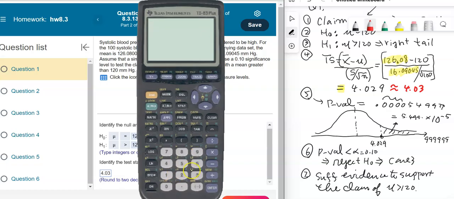So 6.08 divided by parenthesis 16.09045 divided by square root of 100 parenthesis. Oh, how did I get 4.029? Sorry about that.